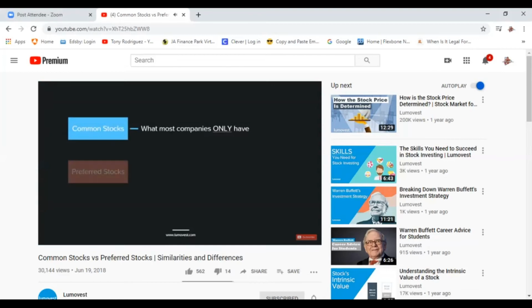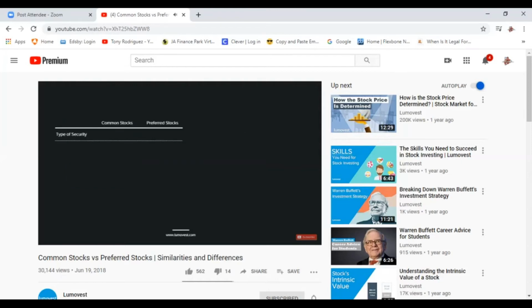But a small portion of companies will also have preferred stocks in addition to common stocks. These preferred stocks are publicly traded on the stock market, just like common stocks. So today, we're going to learn about the similarities and differences between common stocks and preferred stocks. By the end of this video, you would have developed a really solid conceptual understanding of the 2 types of stocks available on the stock market.